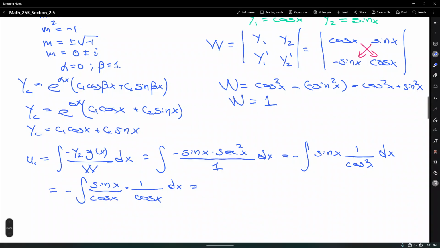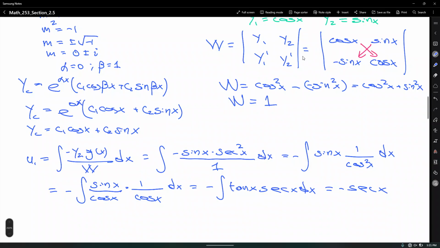So this will be equal to sine over cosine, well, negative integral of tangent x times secant. And what's the integral of tangent secant, or the integral of secant tangent? Secant, but don't forget the negative, negative secant x.